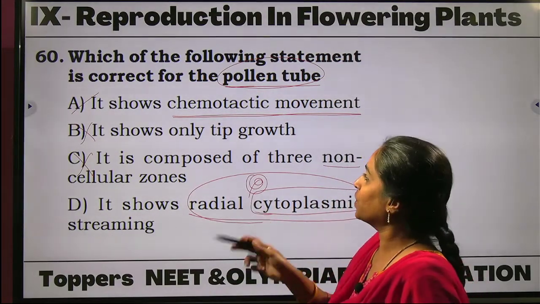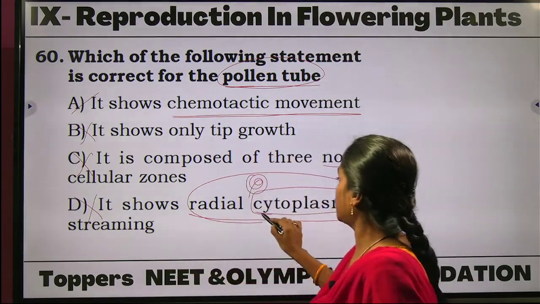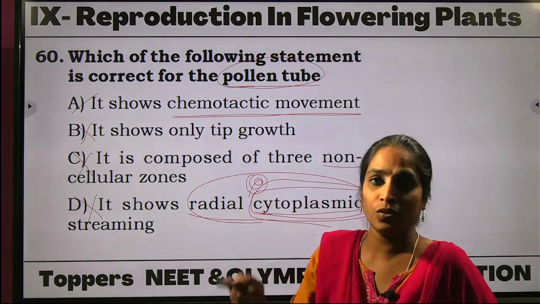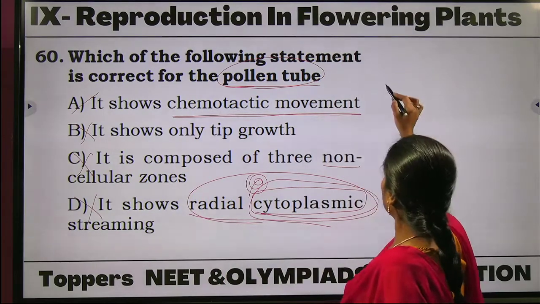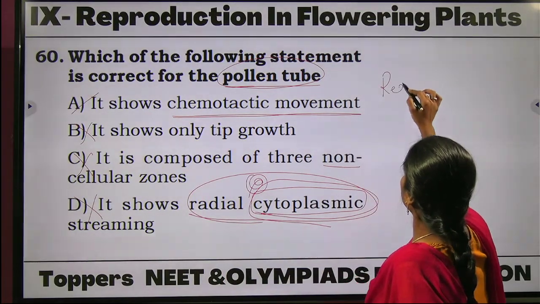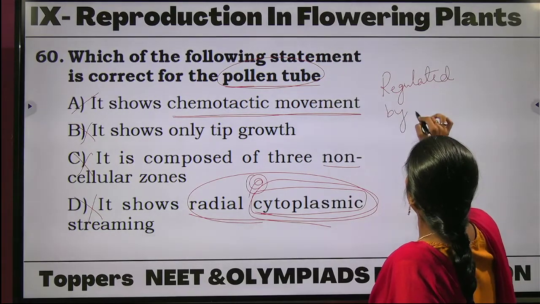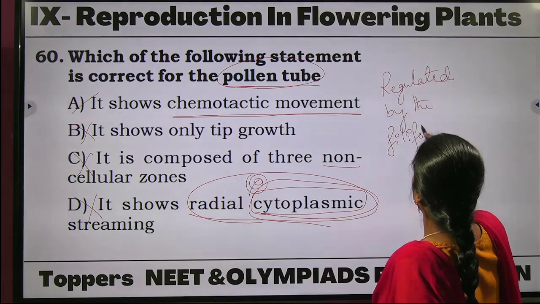So it's completely the wrong option. It's not only the cytoplasmic process, it's a sperm cell undergoing fertilization. Penetration is being regulated by the filiform apparatus.